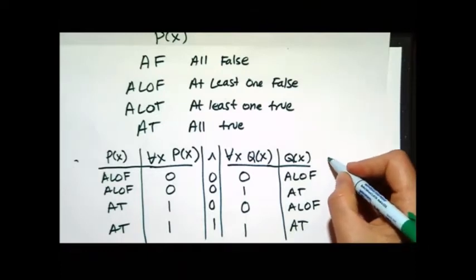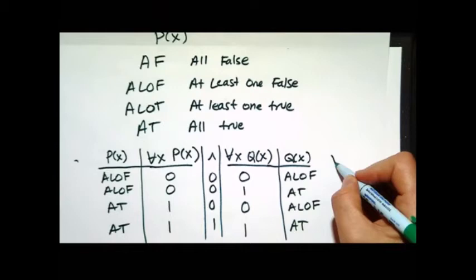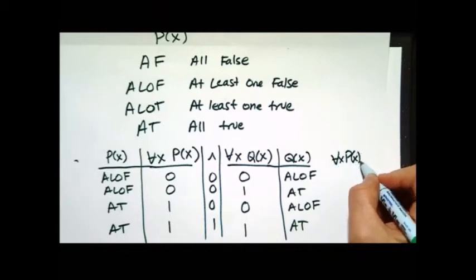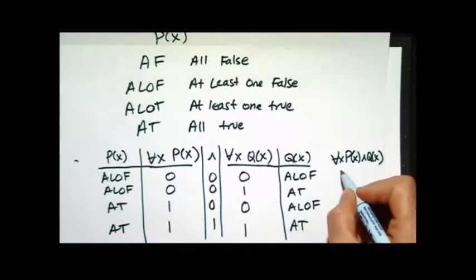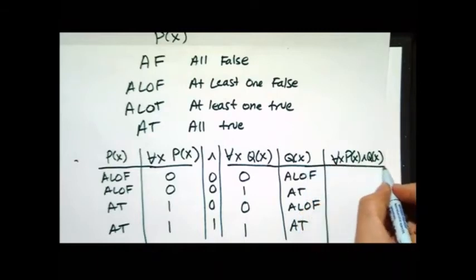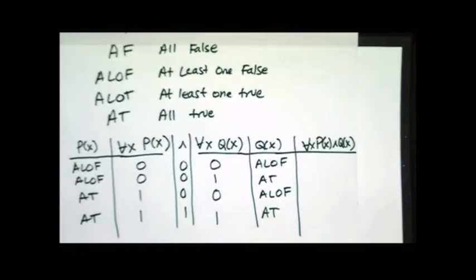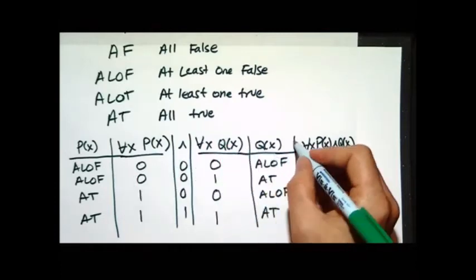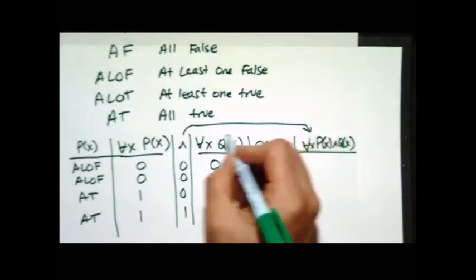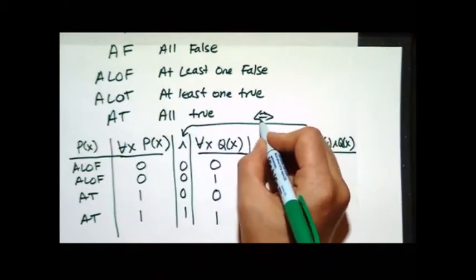So what we might want to use this for is to look at something like for all X, P of X and Q of X. First of all, we need to know what this actually means. If I'm seeing if these two things are equal, I want to actually show that these are logically equivalent.